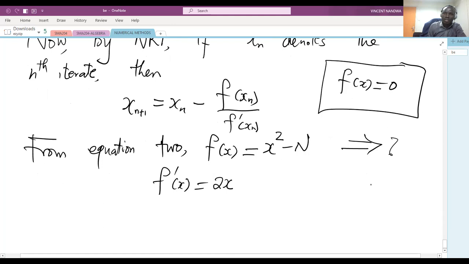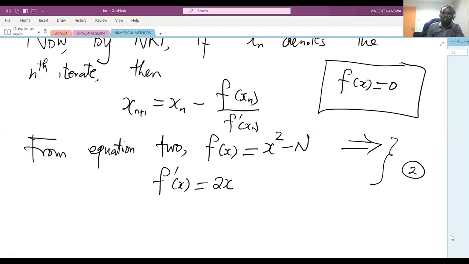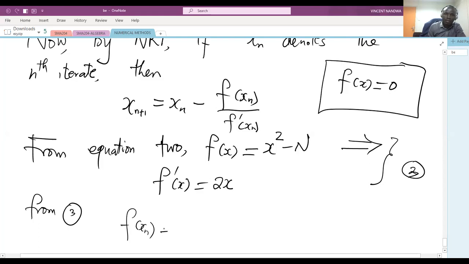Let's call this set of function and derivative 3. From 3, f of xn is given by xn squared minus n, and f prime of xn is 2xn. Simply we are replacing x by xn.